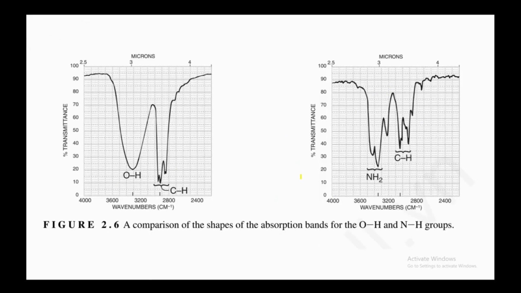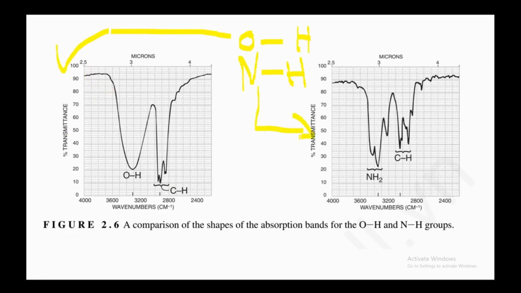Similarly, there was ambiguity about the OH and NH2 groups. Which peak belongs to OH and which peak belongs to NH, as they both appear in the same region? As you can see from the shape and fine structure of the peak, this is for OH and this one is for NH.